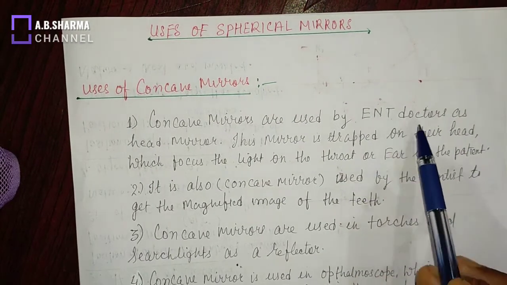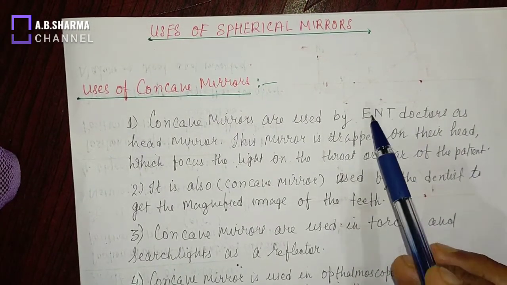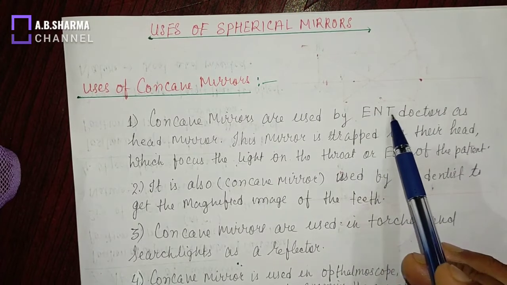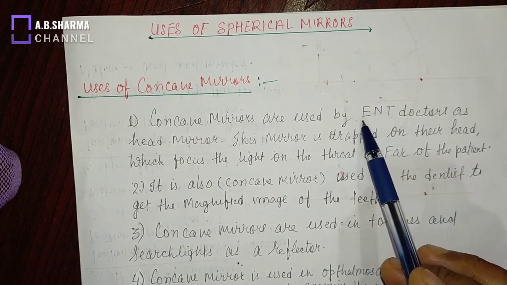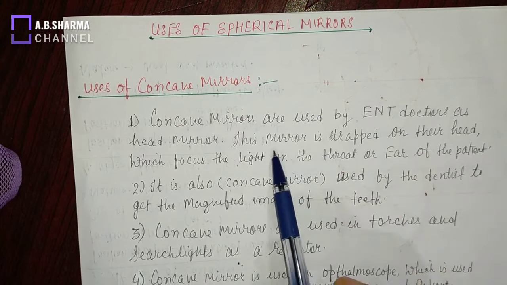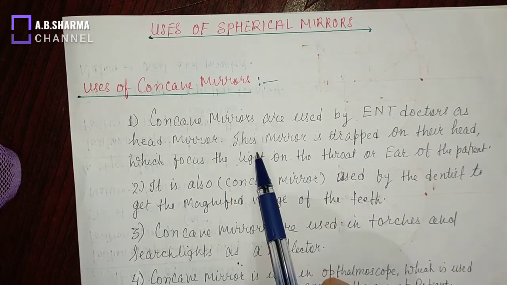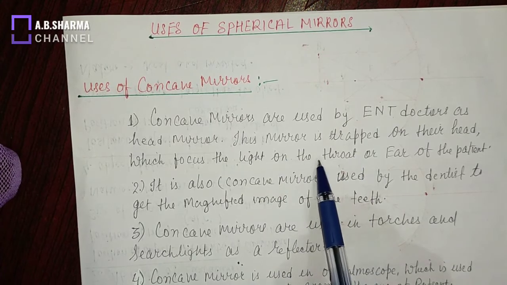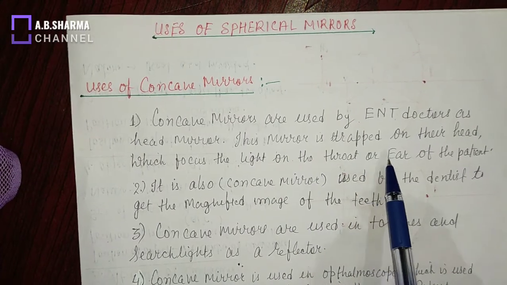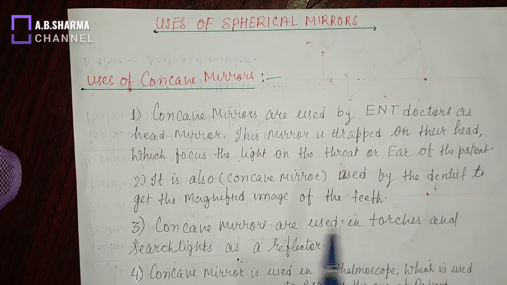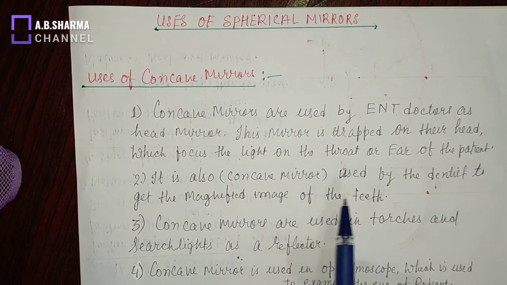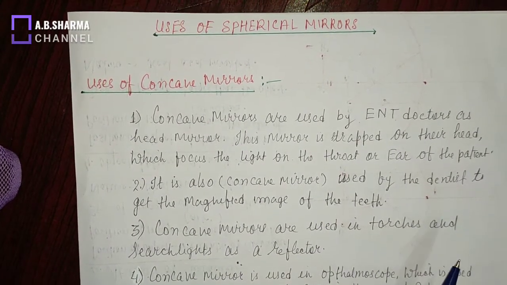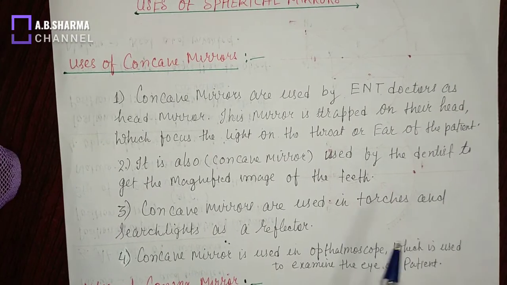ENT doctors are the doctors who examine ear, nose and throat. So they use a concave mirror as a head mirror. This mirror focuses the light on the inner part of the ear and throat of the patient. Secondly, it is used by a dentist to get a magnified image of the teeth.